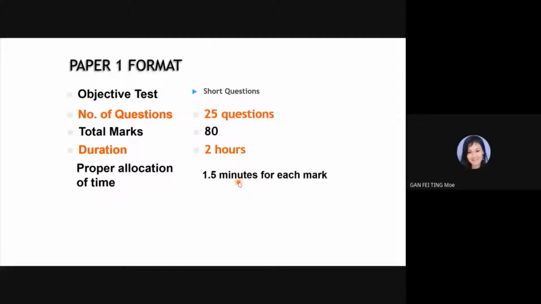If you use more than 3 minutes, I assure you that you will not be able to finish that paper. On top of that, you might not have mastered the skill, either the formula or you don't understand. It means you are very weak in your understanding of the concepts of the question asked.